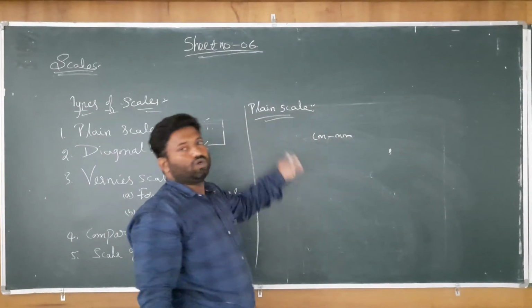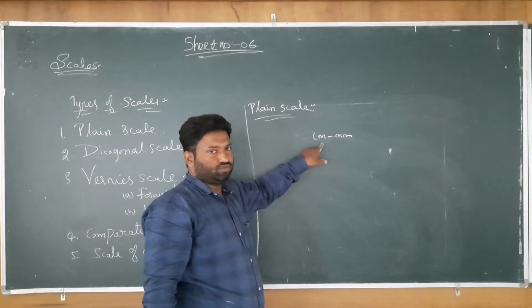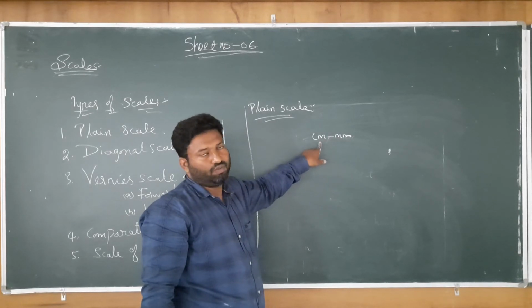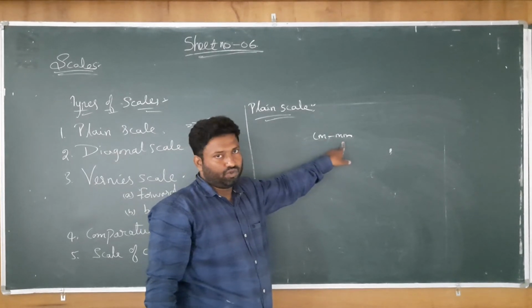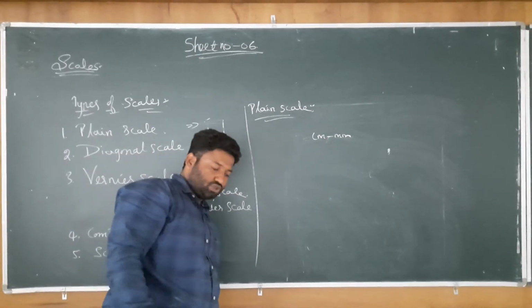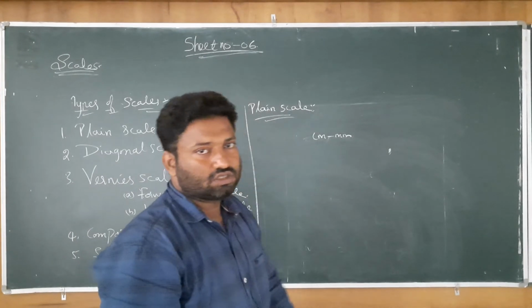Whenever we want to draw the diagram, the value should be in 2 forms: the main unit and the sub unit.